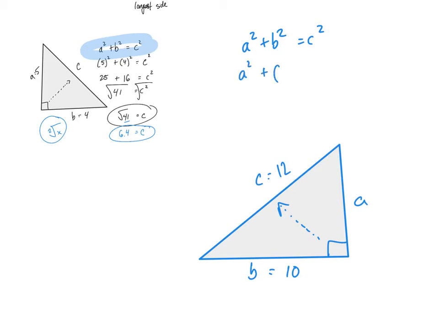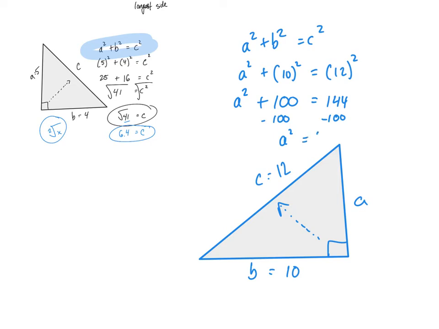Our B value we know is 10, and our C value we know is 12. Again, multiplying by itself, not times 2, so we got 100. And 12 times 12, not 12 times 2, is 144. As we look at this, this is very close to what we just did in our last example.